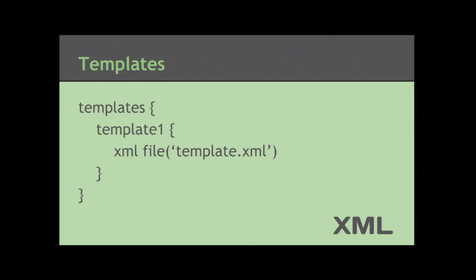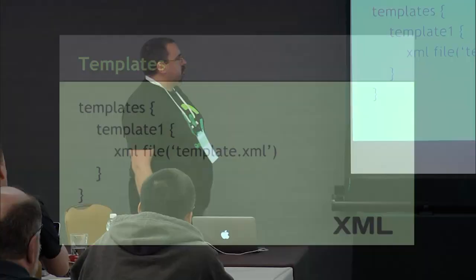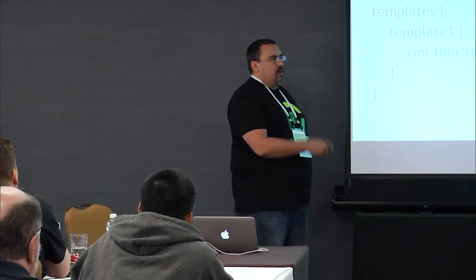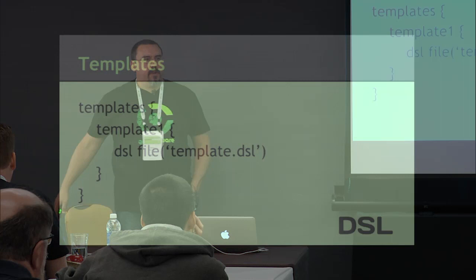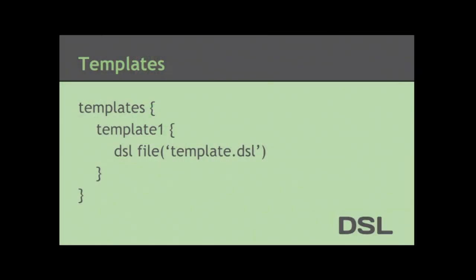These are all named, so the more templates I add in here, templates.template1, .template2, you see the creativity abounds there. This is showing the XML form. What this is actually saying is that for my template1, the configuration is the XML that's in the file called template.xml in my project. I can also use a DSL form. Same sort of thing, except the configuration is in a DSL file on my local file system called template.dsl.